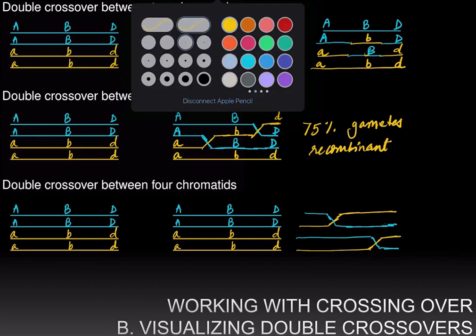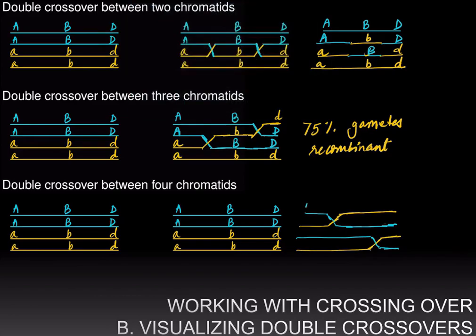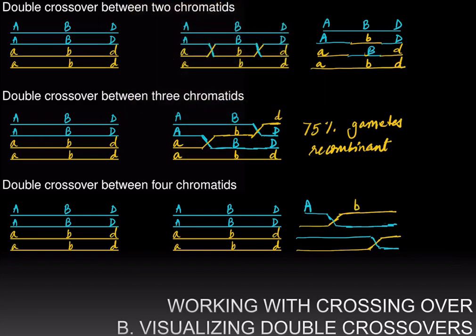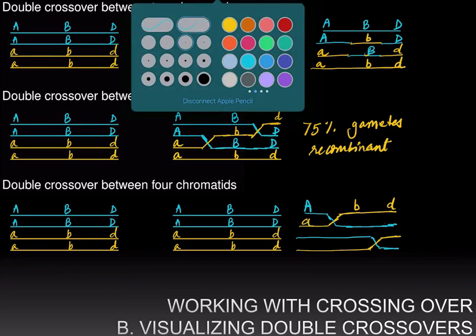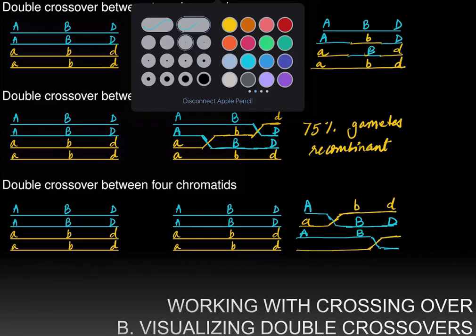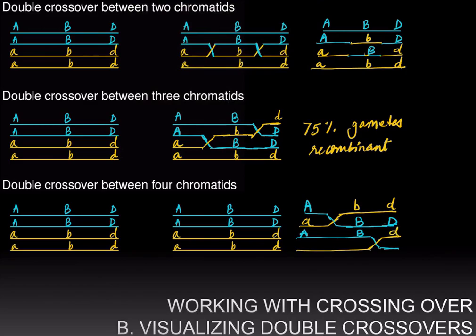And let's write down the genotypes. This chromosome will be big A, little b, little d. The second one is going to be little a, big B, big D. The third one is going to be big A, big B, little d.